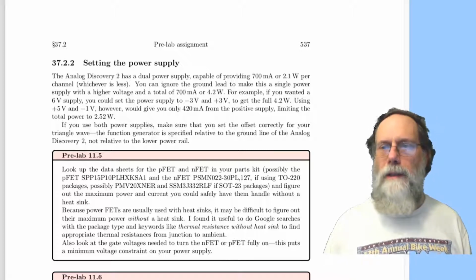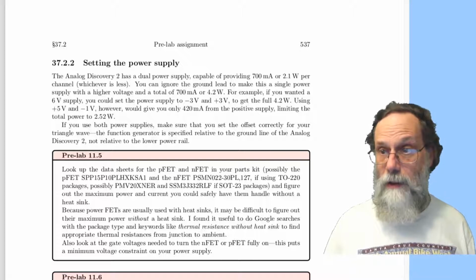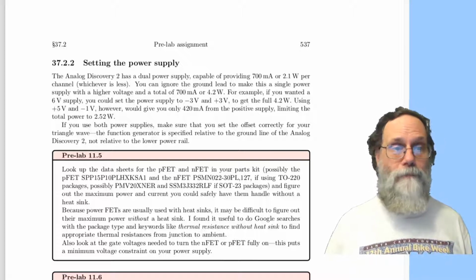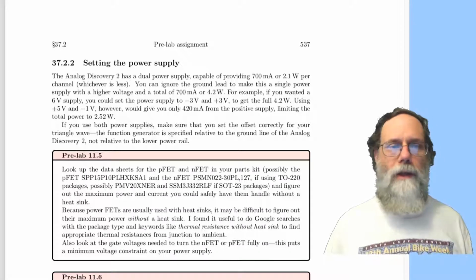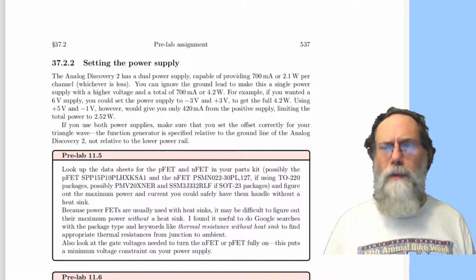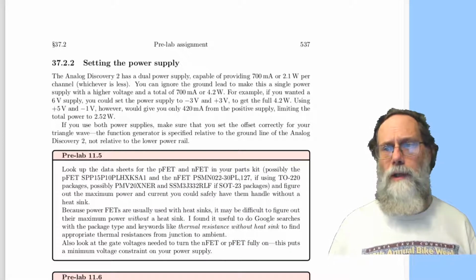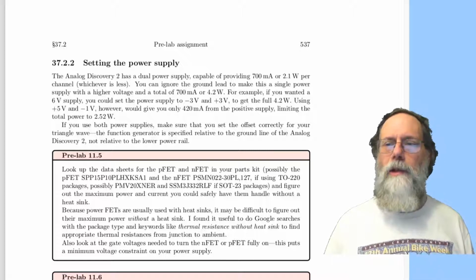Now this can be a little bit difficult because usually on the data sheets they specify things with a heat sink. Now sometimes you can get a lot of information because, for instance, if we're using the SOT23 surface mount packages, most of those packages have very similar characteristics. And so if you can't find the data for the particular transistor you've got, you might be able to find it for a generic SOT23 package.